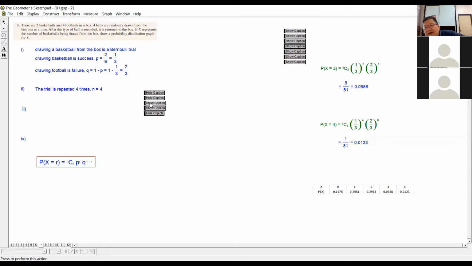Can it be 0? Can it be 1? If you see n equals 4, then X is 0, 1, 2, 3, 4. This is the r already. X equal to 0, X equal to 1, X equal to 2, X equal to 3, X equal to 4. So X can be 0 to 4.